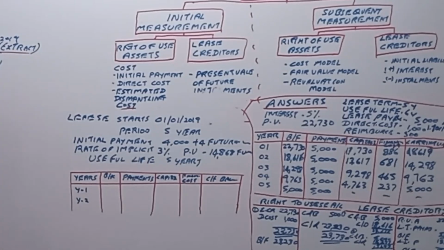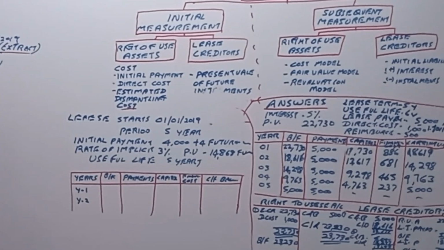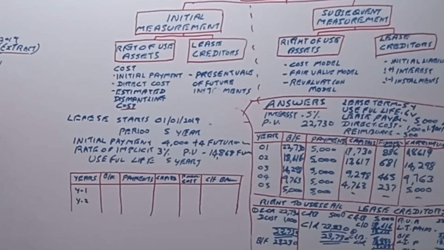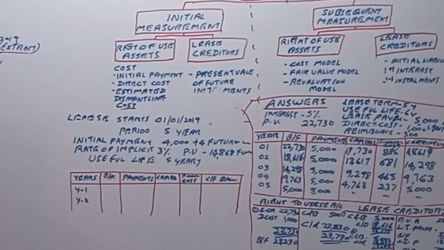They have said the Street leased an item of equipment for 5 years from the start of the financial year, 1st January. One payment of 4,000 was made on 1st January 2019, and a series of four future payments each year on 1st January.